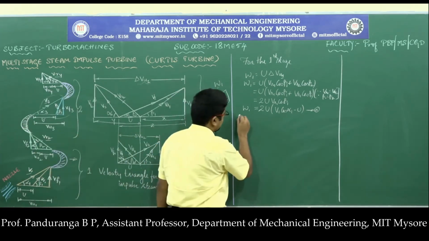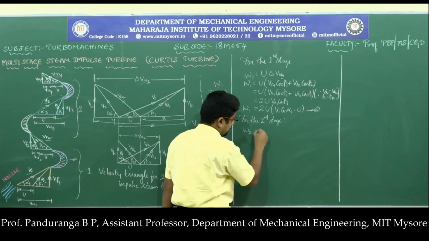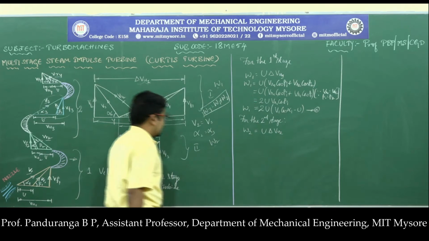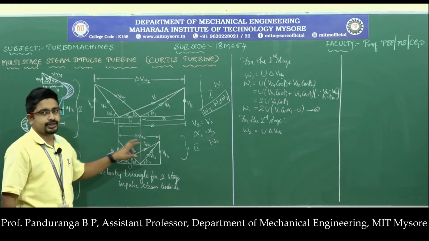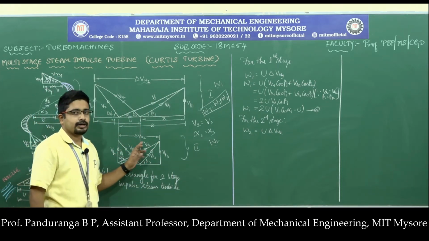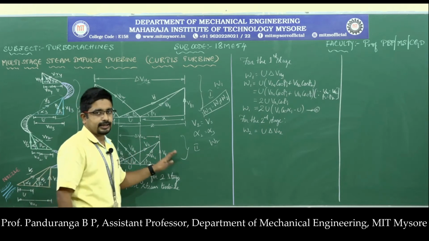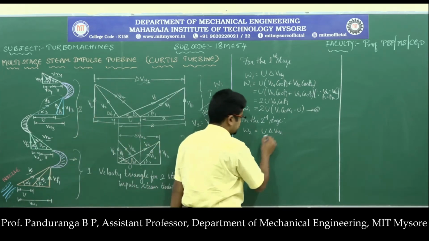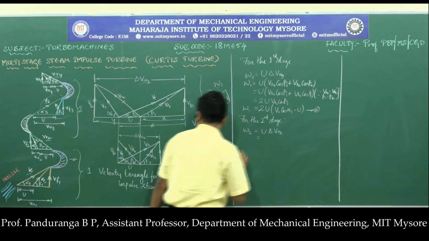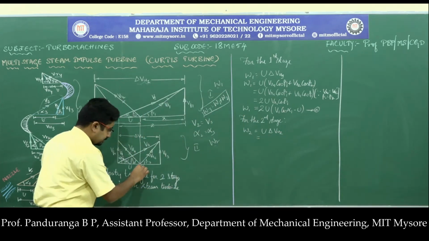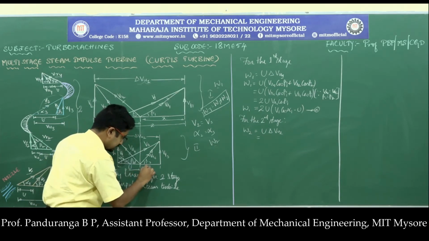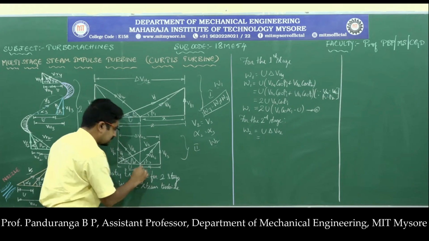Now for the second stage, W2 will be equal to U into delta VU2, that is the difference in the tangential component at the inlet and exit of the second stage. So again I can divide this into A and B. This is my B and this is A, this entire length.